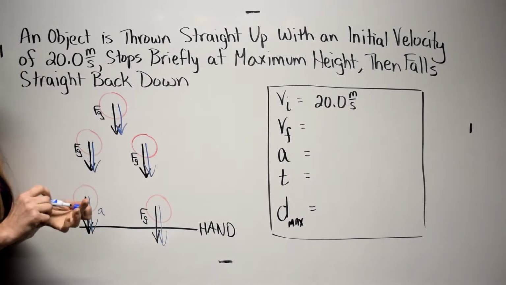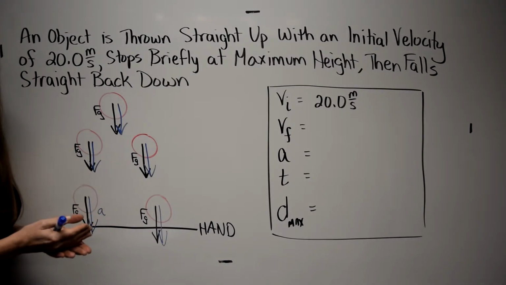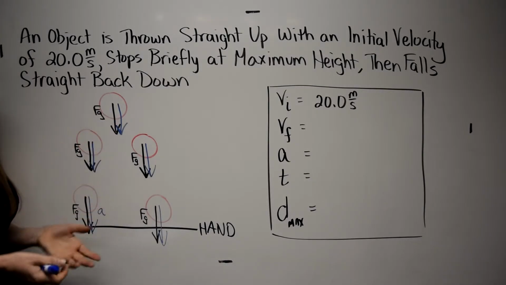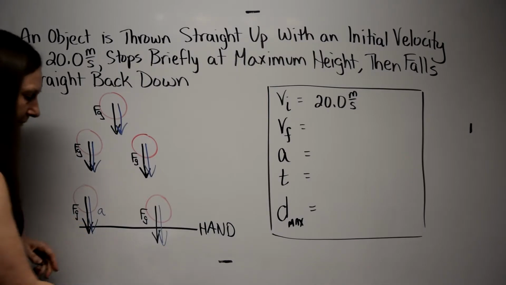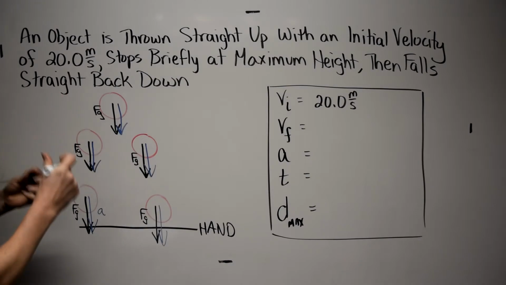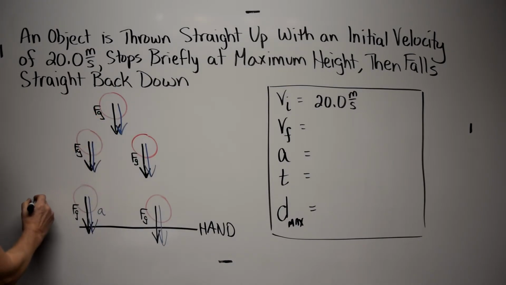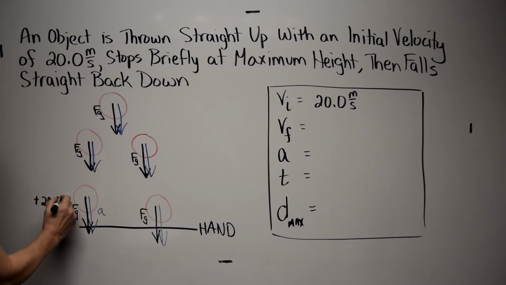Remember, Fg, the force on the ball, is the gravitational force that the Earth is exerting on the ball. You can call it the ball's weight. Now, we know that the initial velocity here, when I launch it upwards, is positive 20 meters per second.